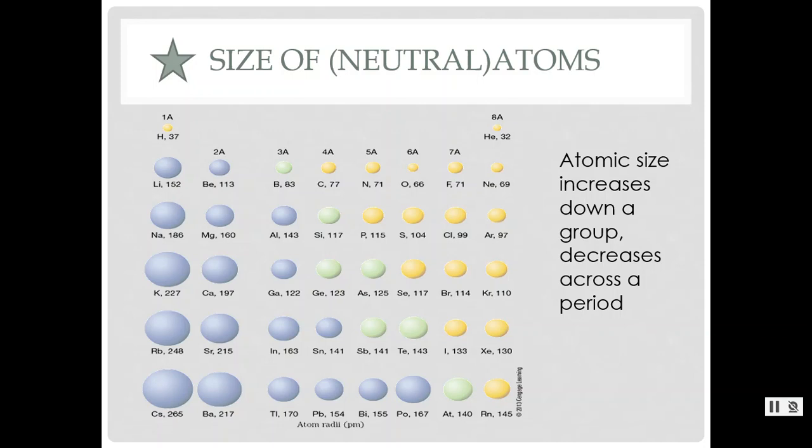Well, when you're adding electrons, sometimes you're adding them to the same orbital. And if you remember from our previous video about effective nuclear charge, the pull that an electron experiences from the positively charged nucleus will increase.